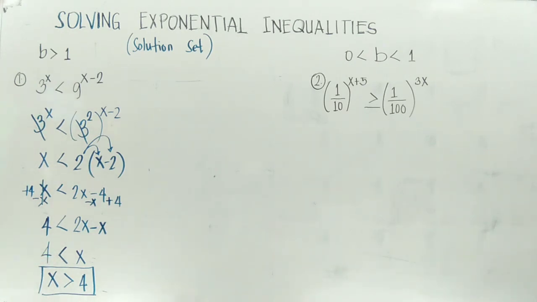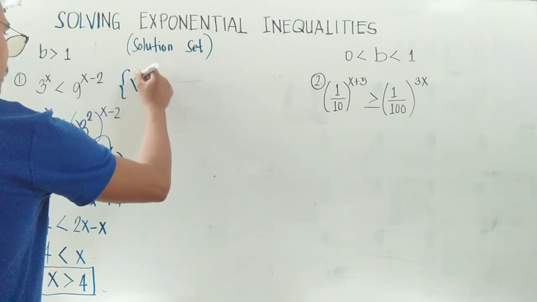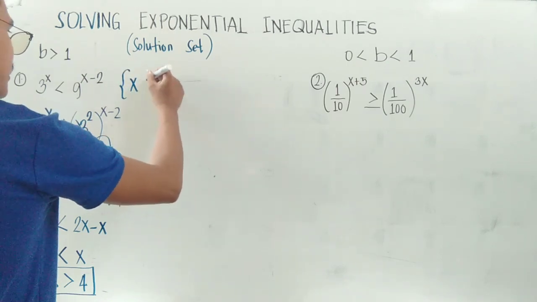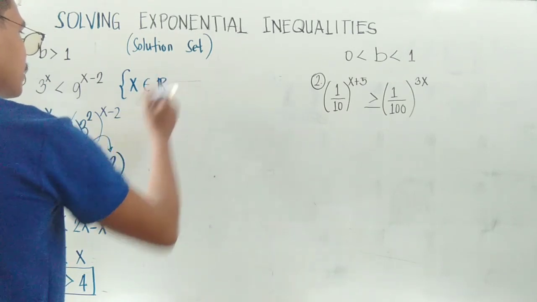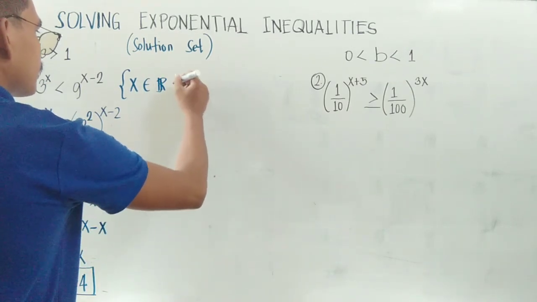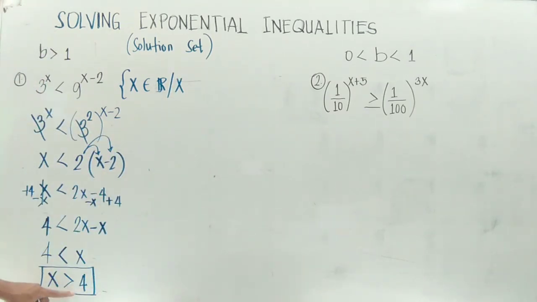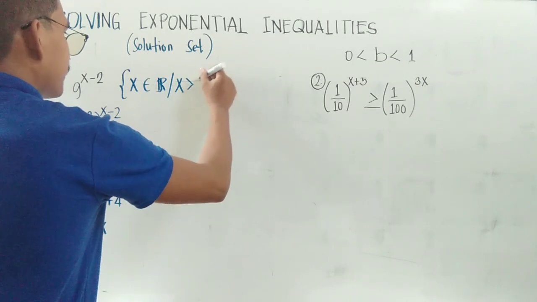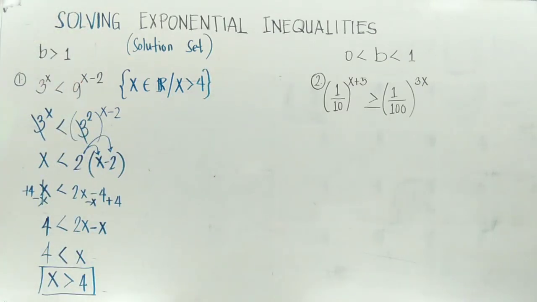Okay? So using your set builder relation, we can write your solution set as x is an element of real number such that x, just copy this one, is greater than 4. Okay? X is greater than 4.